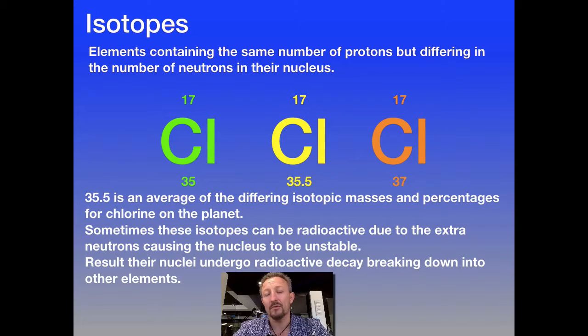That will be explored if you look at the nuclear radiation iTunes U course, which is created on the catalogue. So basically, when we look at isotopes, we look at the difference in the number of neutrons, and then we work out the average of those masses to give an overall mass for the actual element for the periodic table.